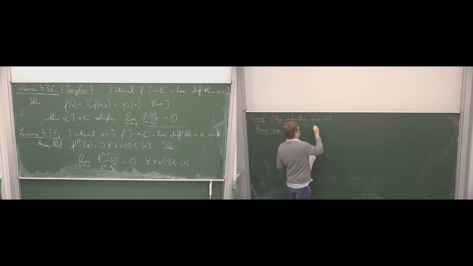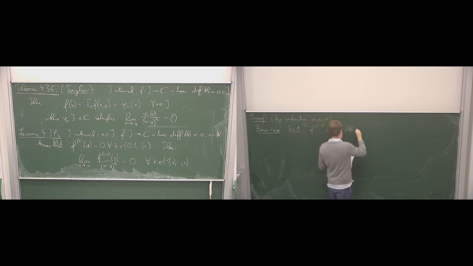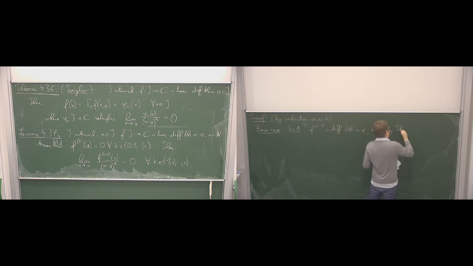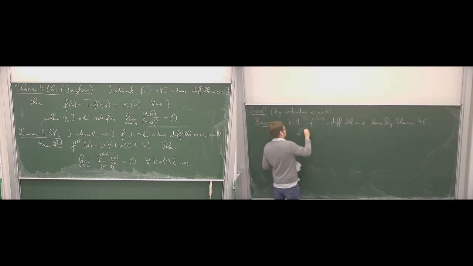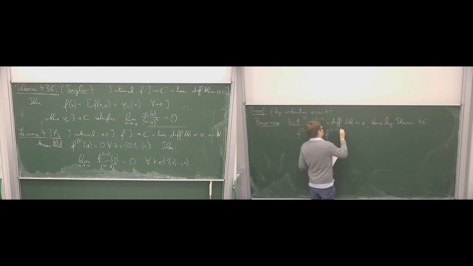So we know that f^(n-1) is differentiable in A, since f is n times differentiable. By theorem 4.6 from above, this is some standard form for differentiable functions, we know that f^(n-1), if we consider this as a function and forget for a moment that this is a derivative, in a point x is f^(n-1) in this fixed point a plus the derivative times x minus a.